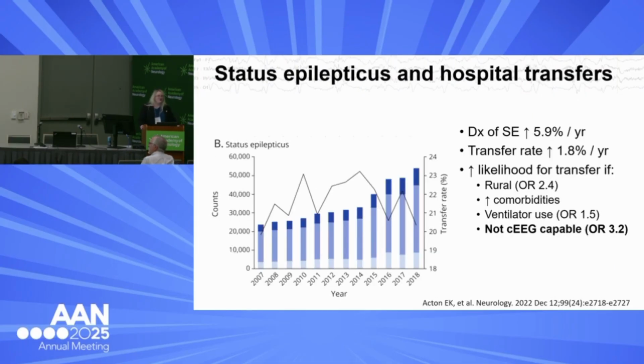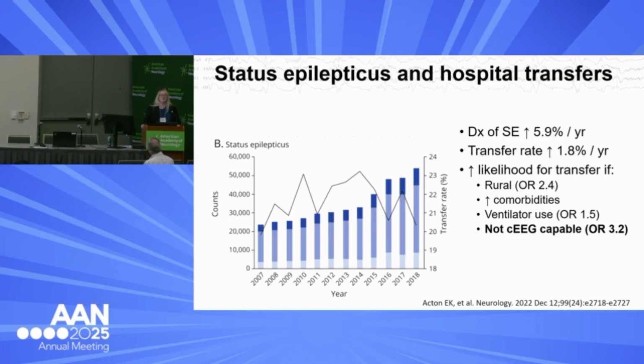What we've also seen is an increase in the rate of the diagnosis of status epilepticus. So if we compare the diagnosis overall since 2007, the incidence on average of diagnosis has been increasing by about 5.9% per year.